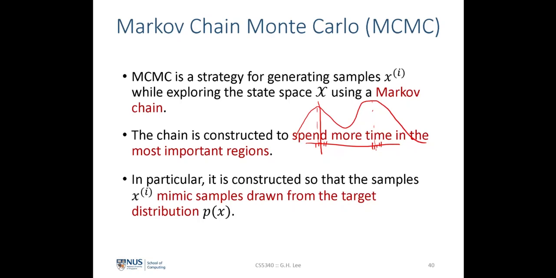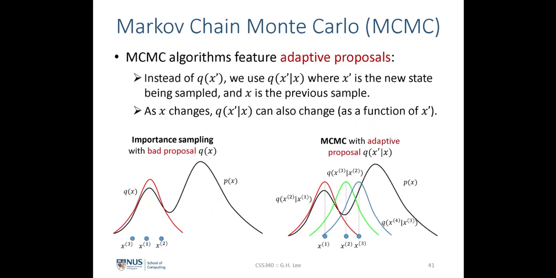In particular, we will construct the Markov chain such that the samples mimic the ones drawn directly from the target distribution. So the biggest difference between the MCMC algorithms and the importance sampling and rejection sampling that we saw earlier is that MCMC sampling, instead of using a fixed proposal distribution, features an adaptive proposal.